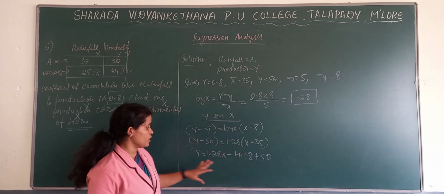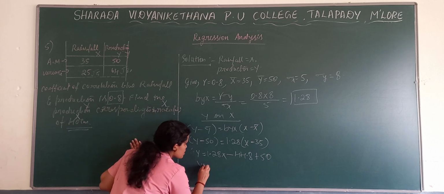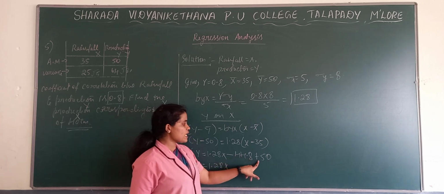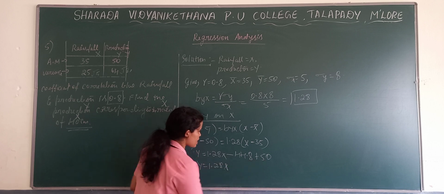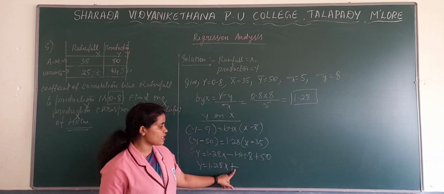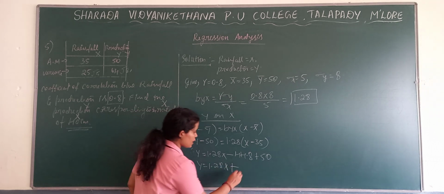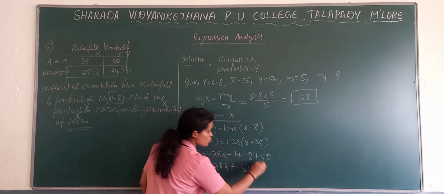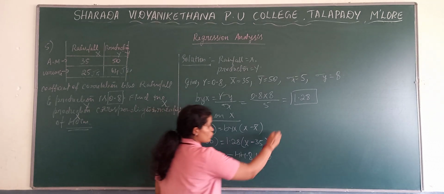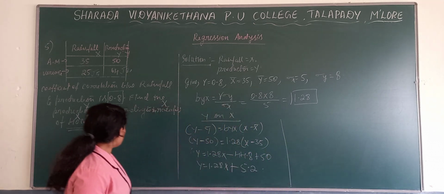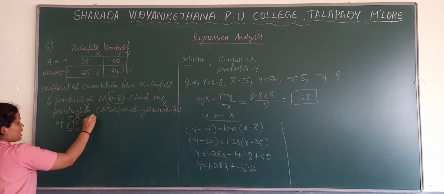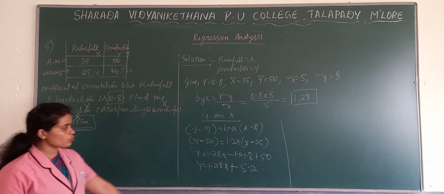Now y is equal to 1.28x. Here minus plus minus, but the greater sign is plus, so it will become plus. 50 minus 44.8, we get there 5.2. Now as I said, they provided the value, where we need to substitute into x.